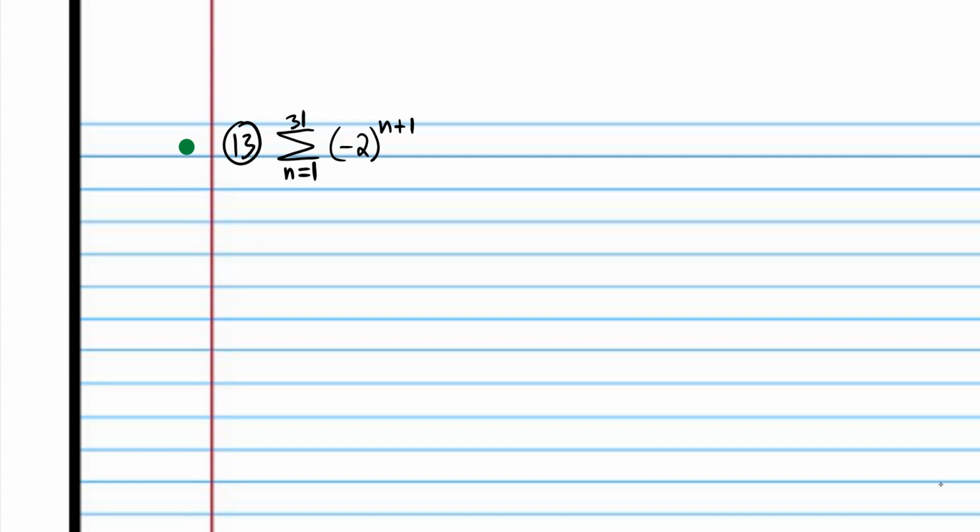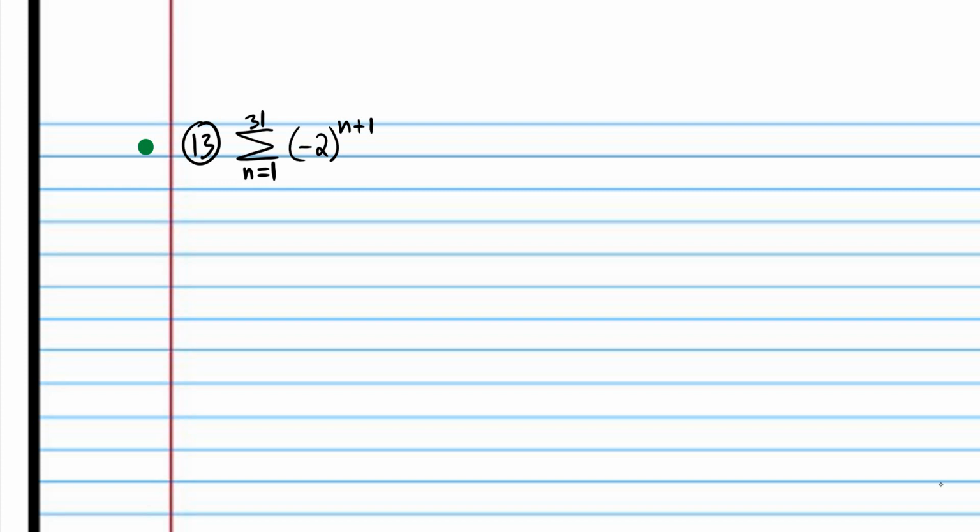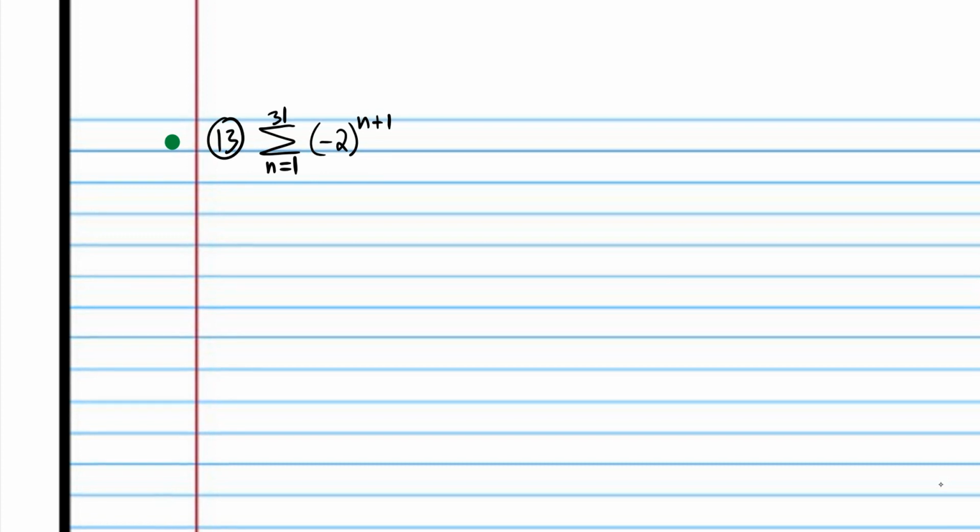But first we have to determine if this is geometric or arithmetic, so we know which formula to use. So write out the first 4 terms and figure out if it's geometric or arithmetic. Again, when you get used to these expressions, you can tell just by looking at the expression, but you may not be at that point yet. So write out the first 4 terms, figure out if it's geometric or arithmetic, and then proceed from there. When you come back, we'll do it together.